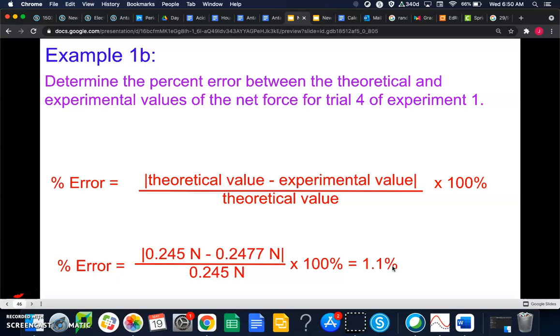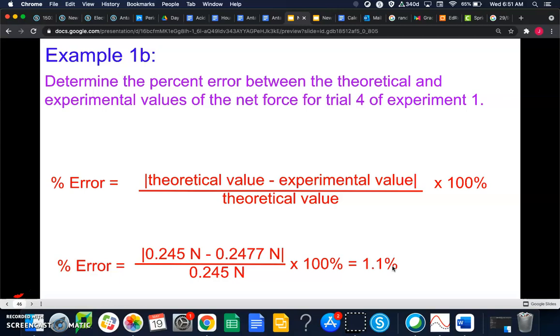If you did yesterday's lab, I sort of asked you where that error comes from. It's mostly coming from the fact that we can't consider all the forces when we calculate the theoretical value. There's no way for us to really calculate all of the drag and all of the friction and other values like that when we're calculating the theoretical value.